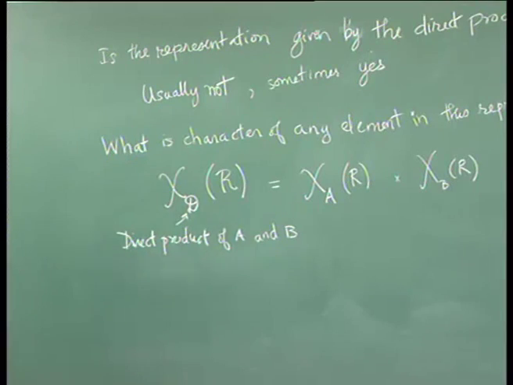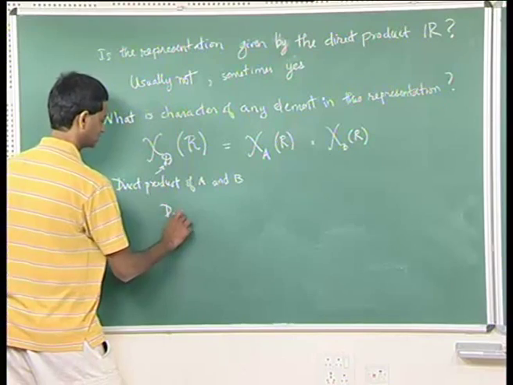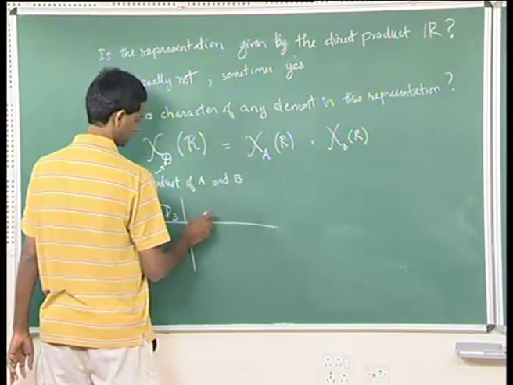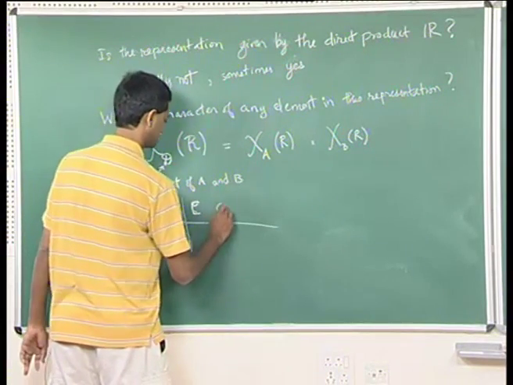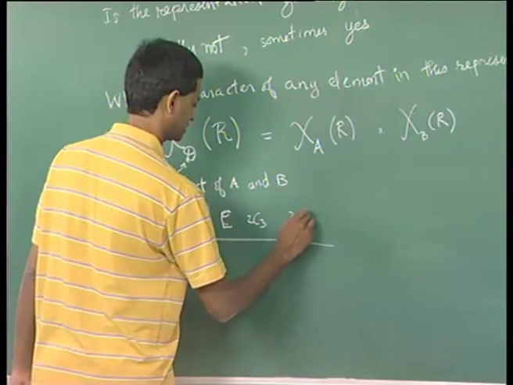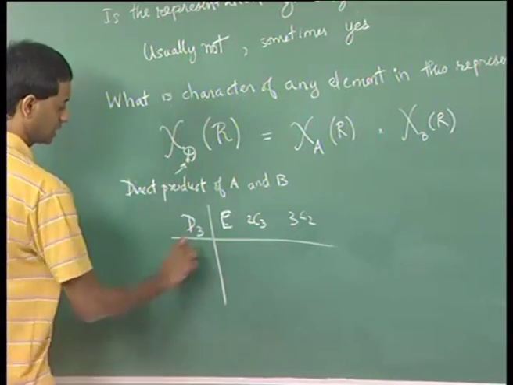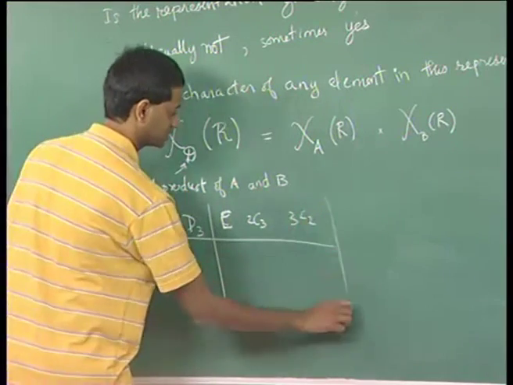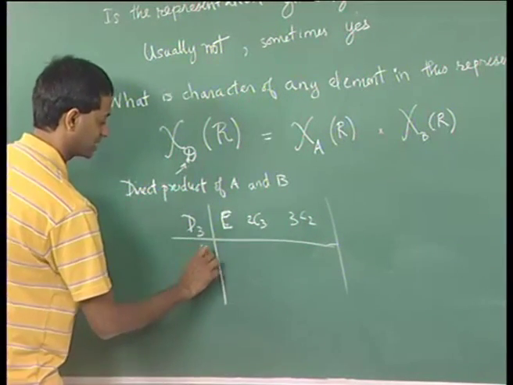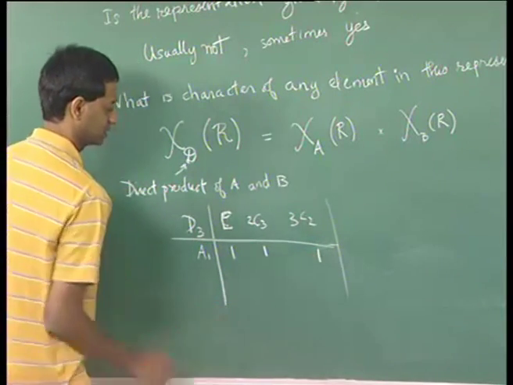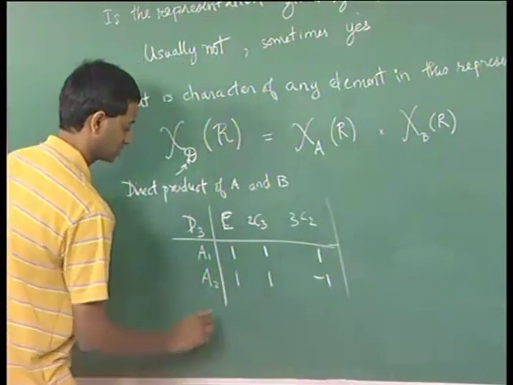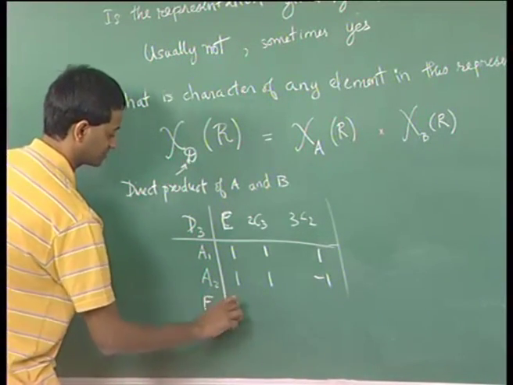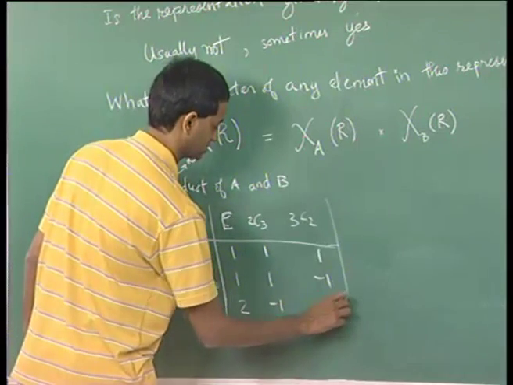Suppose you had a character table, let us say you have D3. D3 has 3 classes: E, 2C3 and 3C2. And the 3 irreducible representations will be A1, which is totally symmetric, then A2, which is 1 1 minus 1, and the 2 dimensional representation E, which has characters 2 minus 1 0.